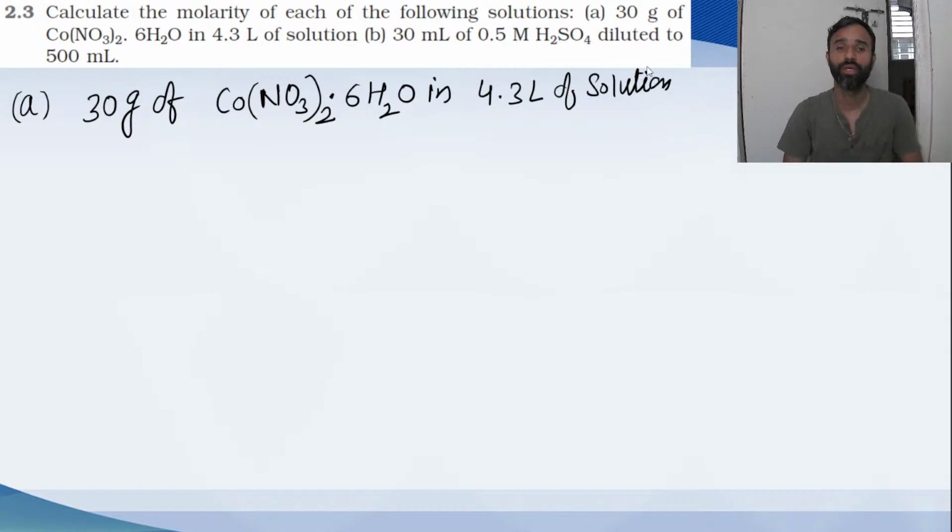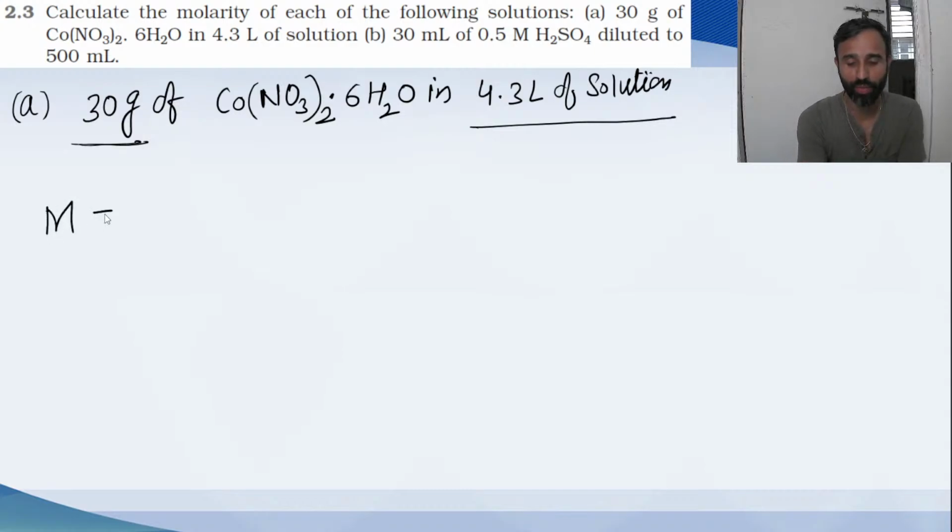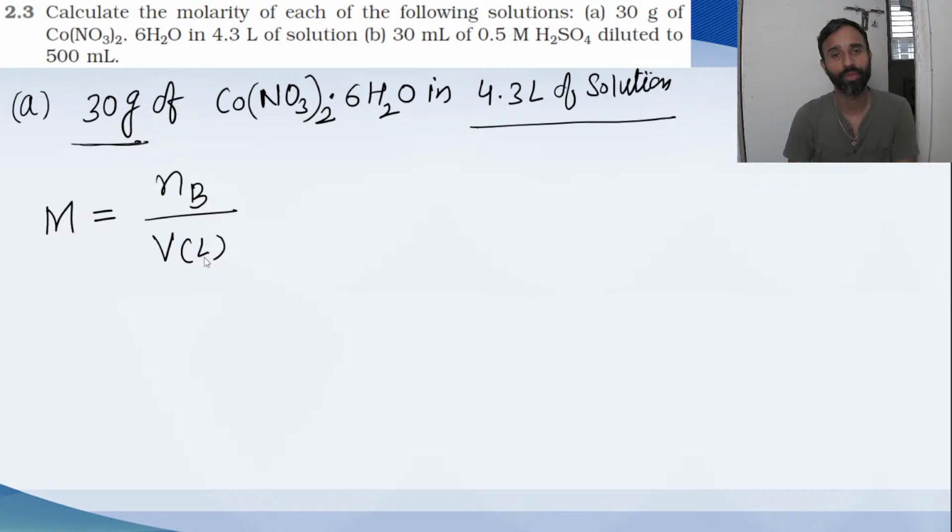That means the weight of cobalt nitrate hexahydrate is given, and the volume of solution is also given. So what is left? To calculate molarity, what we need first is the number of moles of solute over the volume of solution in liter. But the number of moles is not given.